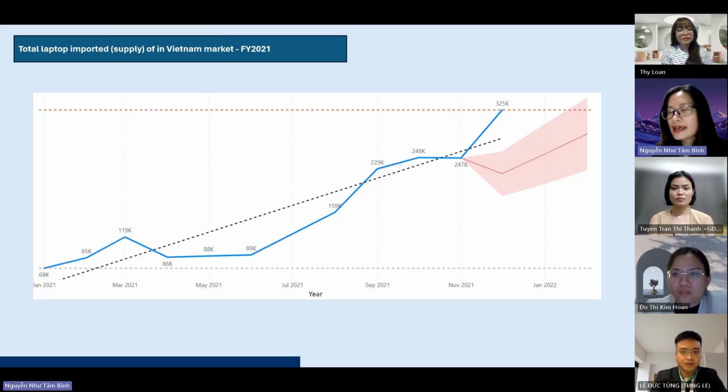And as we can see on the slide, the trend of supply during 2021 constantly increased.